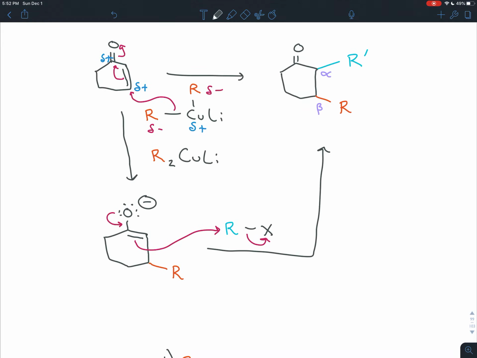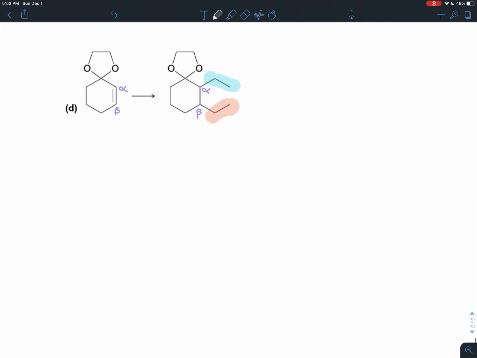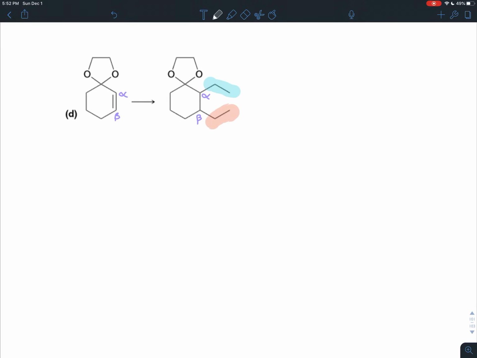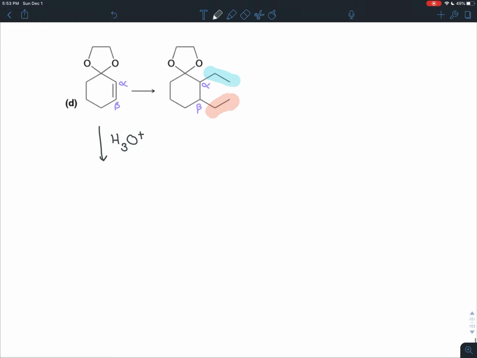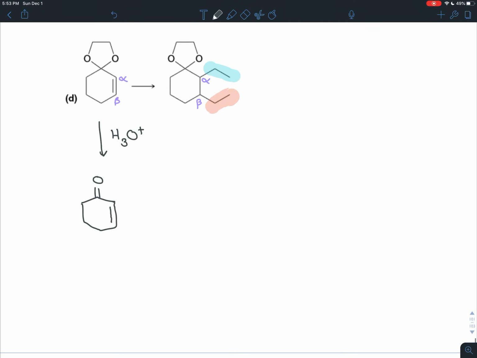So you need a ketone to start with. So we have to hydrolyze the acetal. If you treat the acetal with acid, and you drew the mechanism for this on a previous test, then the acetal will turn into a ketone. And so now we have our alpha-beta unsaturated ketone.